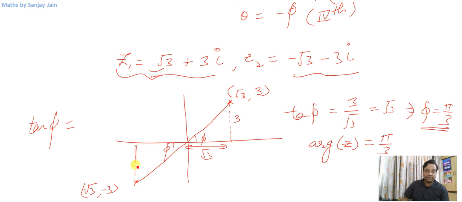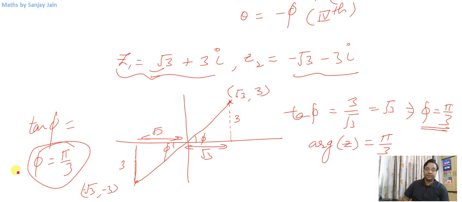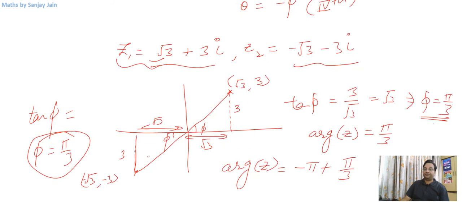This length here is 3 and this length is root 3. So it will again give me phi equal to pi by 3. But now it is in the third quadrant, and in the third quadrant the principal value of the argument will be minus pi plus pi by 3.